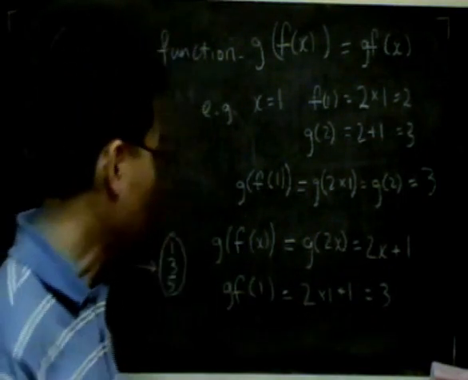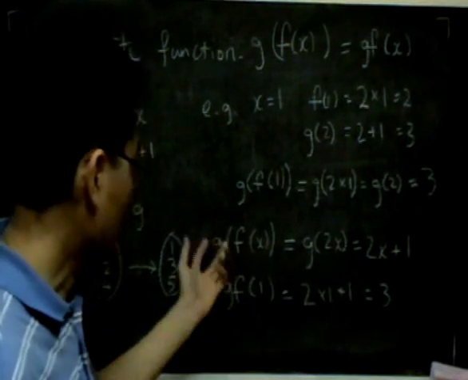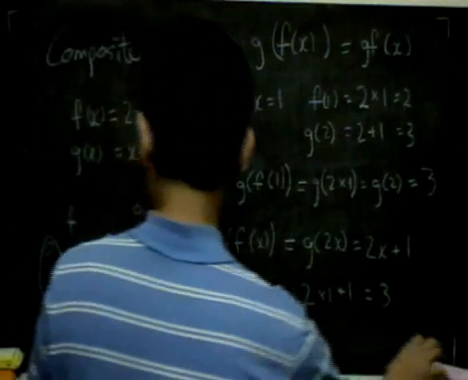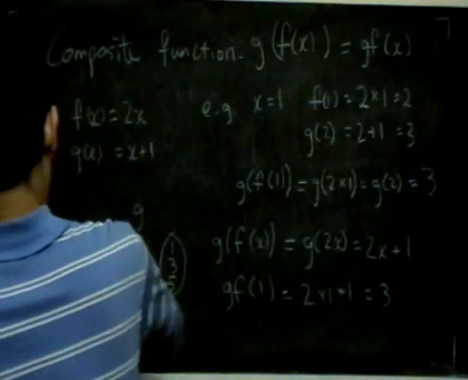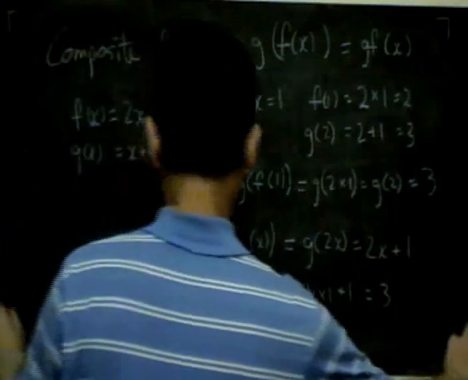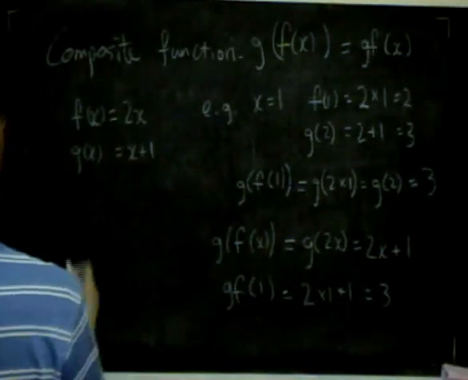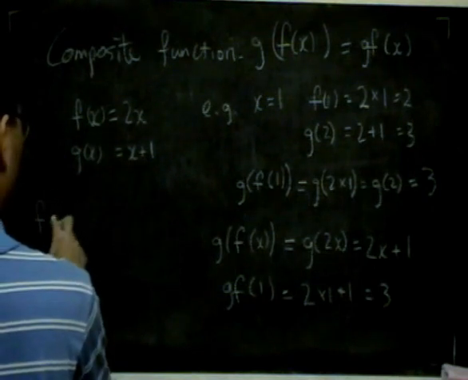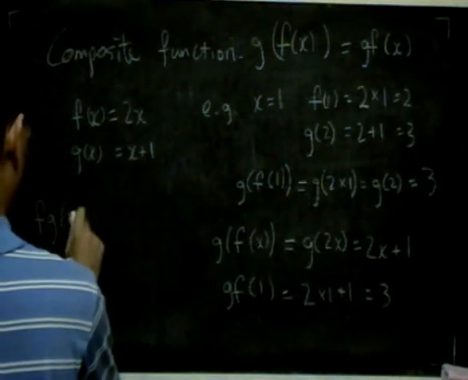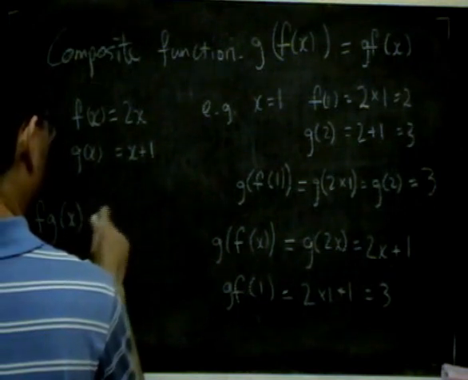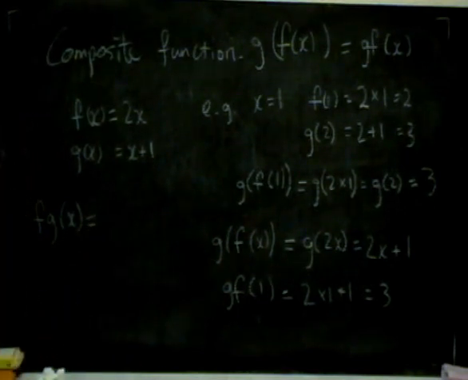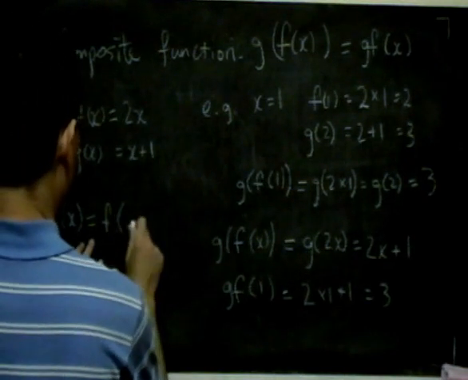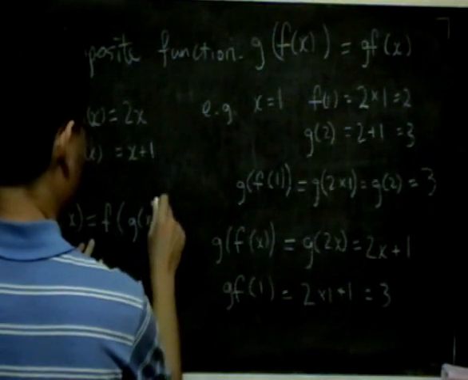So let's now try to find the formula for the reverse, for fg of x, and see what it looks like. Right, fg of x. So that would be the same as f bracket g bracket x.